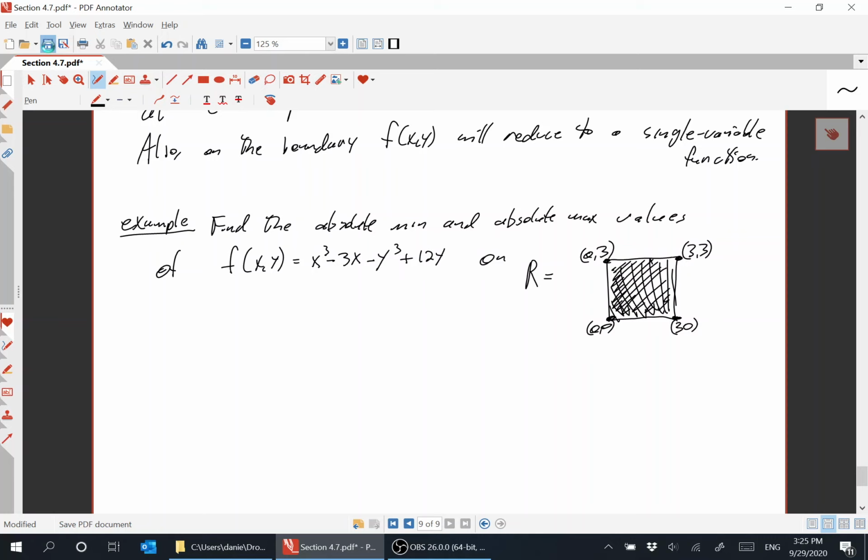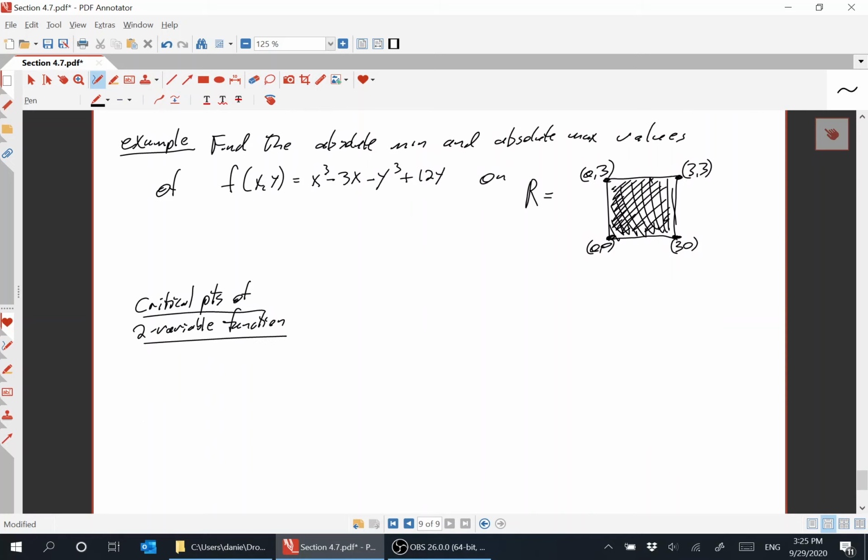Okay? So first thing, we'll find the critical points of the two variable function. So take the partial derivative with respect to x, 3x squared minus 3, and these are just 0.